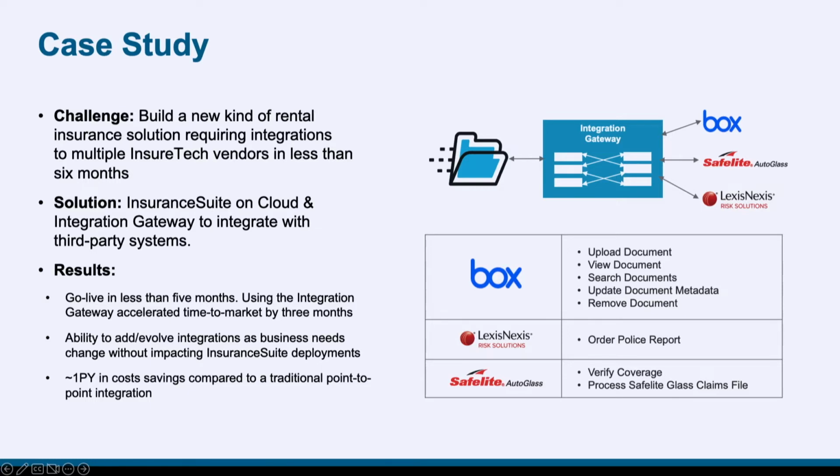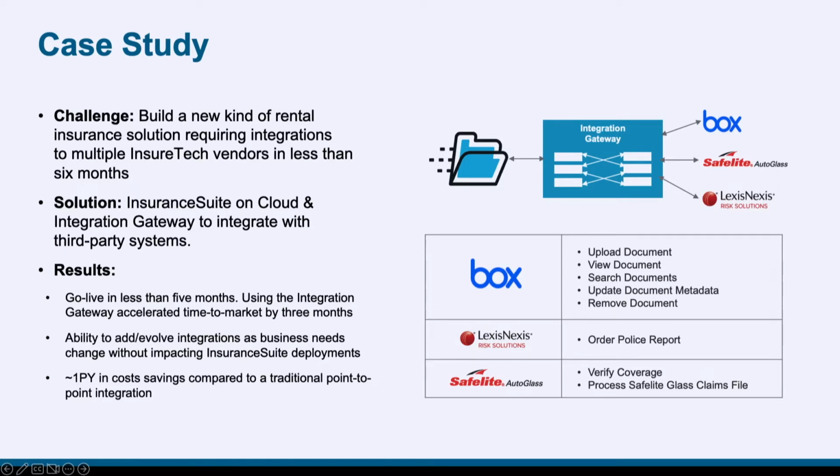So they said, okay, we want to use Guidewire Cloud because everything is available. We don't have to install machines, we don't have to do all that stuff. And then we told them about integration gateway. This was an early customer who could quickly build integrations. What was amazing is they actually went live in 5 months with Guidewire Cloud and integration gateway.